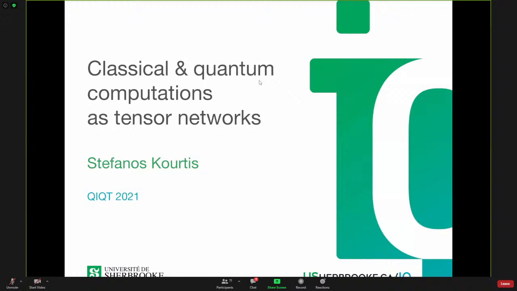In particular, I'm going to focus on how one can represent classical and quantum computation as tensor networks. What this allows us to do is either classically simulate quantum computations as efficiently as possible, but also to enact classical computations that are hard. And I will give you particular examples of these computations.